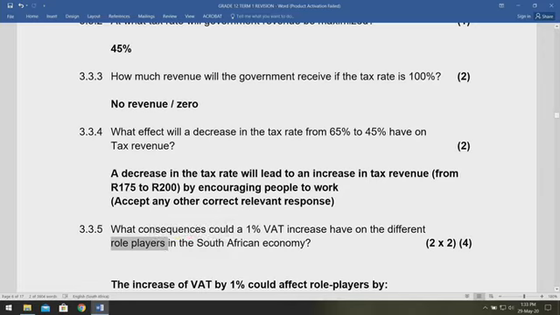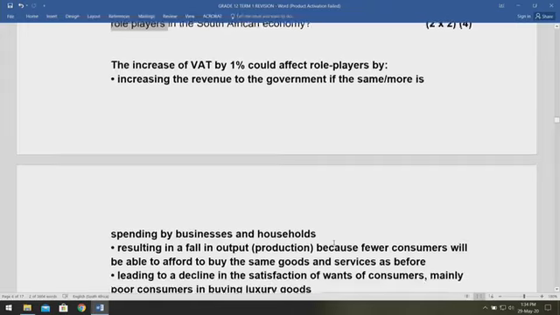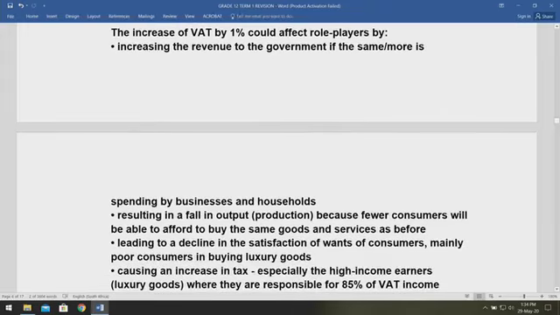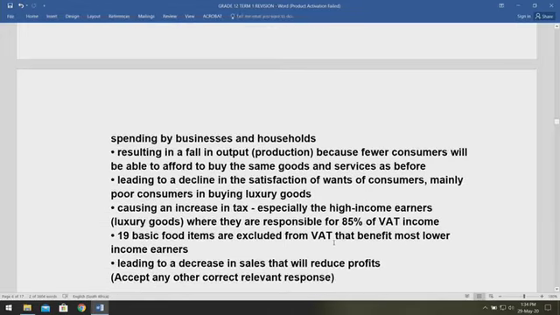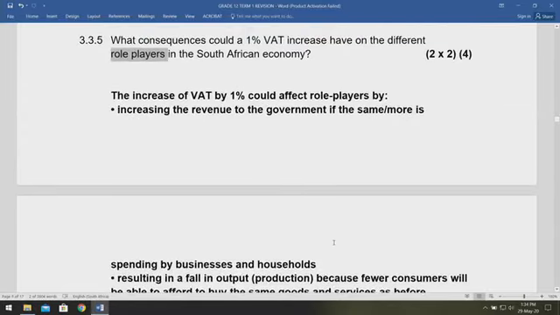So, from a government perspective, an increase in VAT, which is a tax, means government is going to earn more revenue. But for businesses and consumers, things are going to get more expensive. With the result, obviously, people buy less and businesses are going to produce less. That is, in a nutshell, the kind of discussion you would have to give, right?